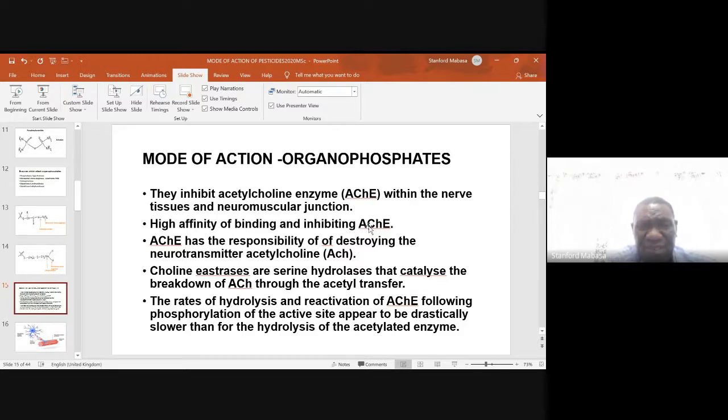We also have choline esterases, which are hydrolases that can catalyze the breakdown of ACH through the acetyl transfer.